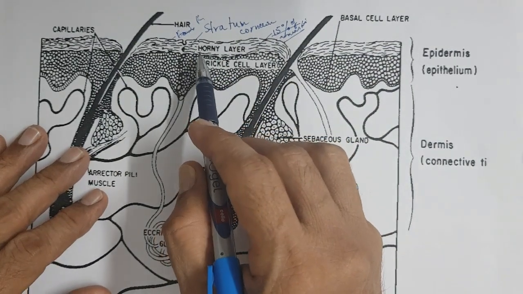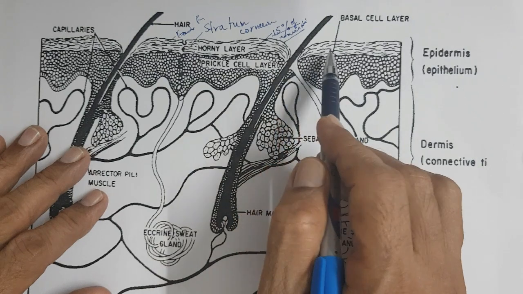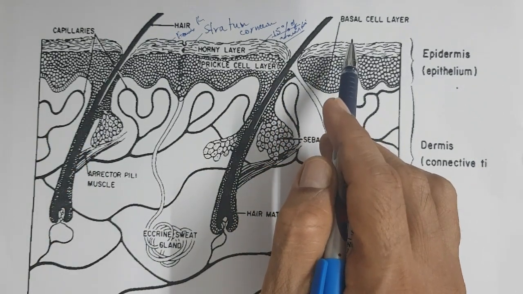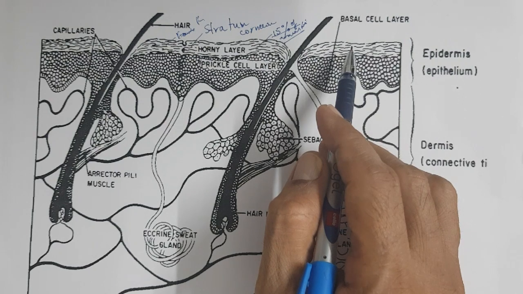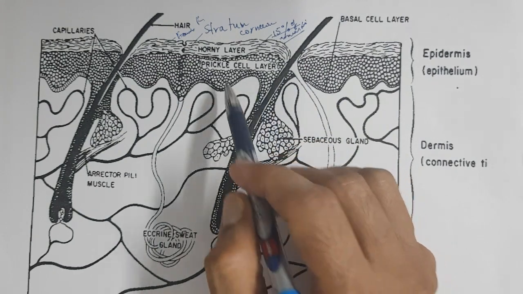So maintaining the moisture level of the horny layer is very important. In the next video, we will talk about moisturization: how the skin can become dry, and what are the ways the skin can become dry. Skin becoming dry is nothing inside.